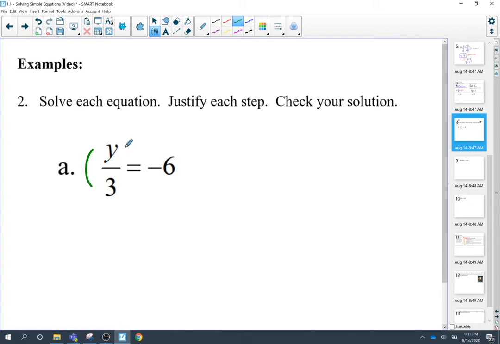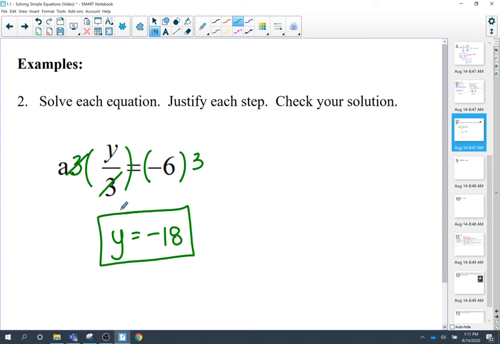So we're going to multiply both sides by 3. On the left, multiplying by 3 undoes dividing by 3, and we just have y equals. On the right, negative 6 times 3 is negative 18. So we're hoping that negative 18 is our solution.